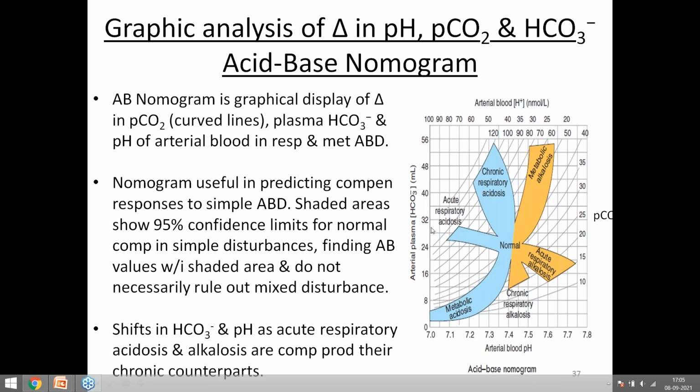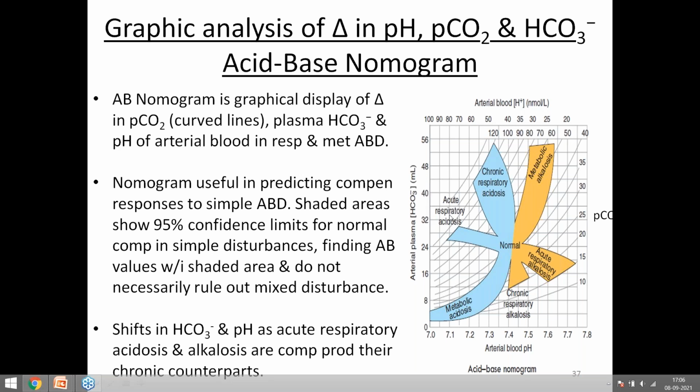For respiratory acidosis, we will look at two values again, one being PCO2 and the other being bicarbonate. Here the PCO2 values correspond to the respiratory acidosis, and this is your bicarb.